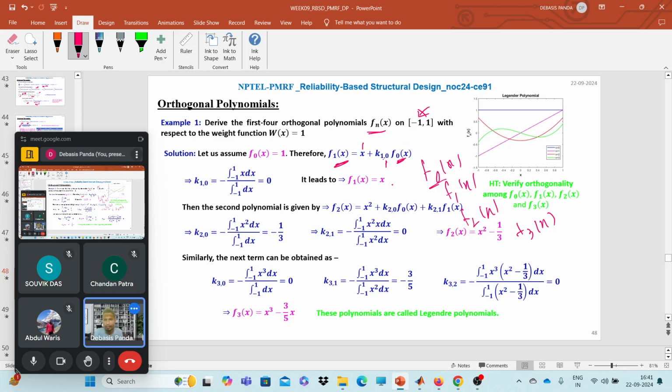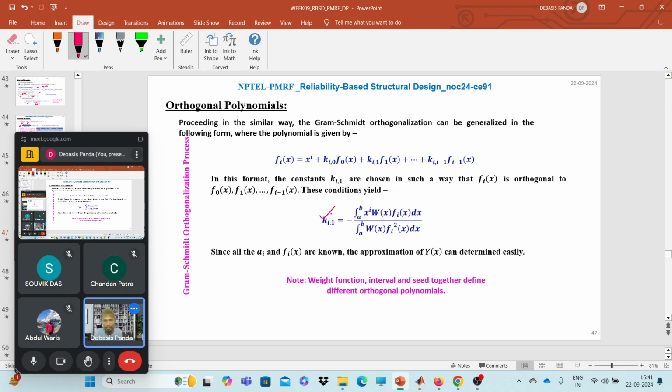Now the second term x square, k20, k21, and all these things. And k20 and k21, either you can solve this equation and find them, or you can remember the generic equation: ki1 is equal to minus the integration of weight function into that functional form.